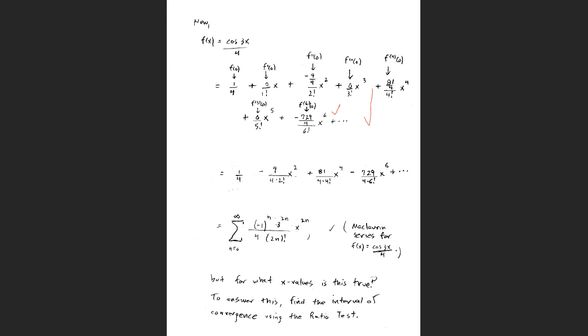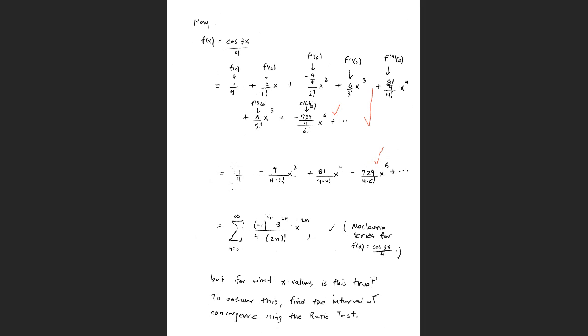But then what I do in the next step is I rewrite the terms of the series, the coefficients of the series. And once you have enough terms of the series, hopefully then you can get the pattern.